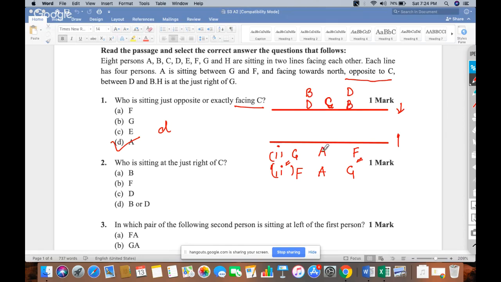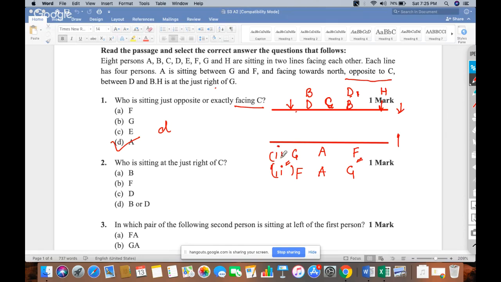Now try to understand, H is on the right hand side of D. So if I make 3 people sit like this, H would be either here or here. So if I keep H here and I keep D here, D becomes left of H. Once again, H is not here, H is somewhere here.